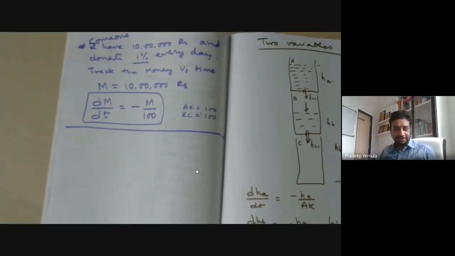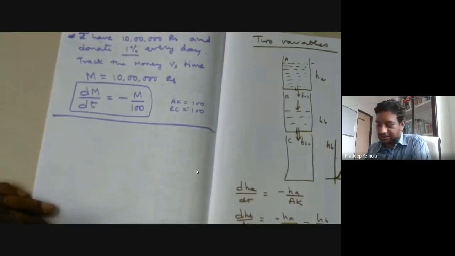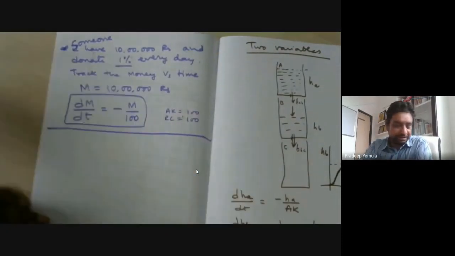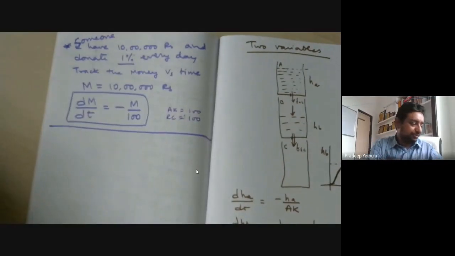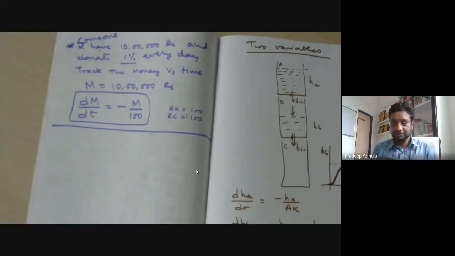Okay, so let me suggest it here. It is very simple. This is a one variable example. So I will now write the two variable example. Let me use a different color.